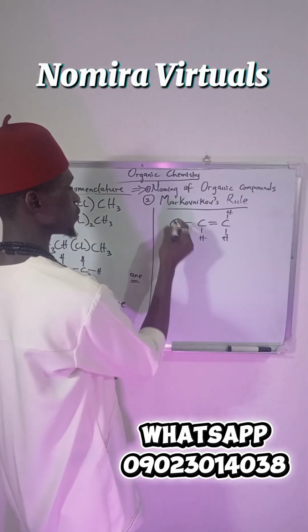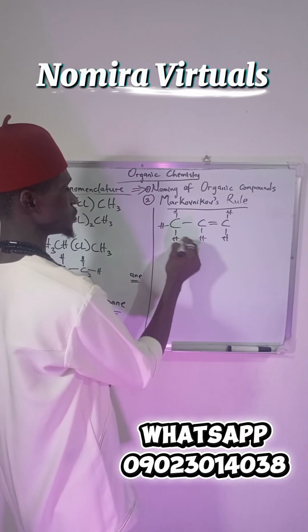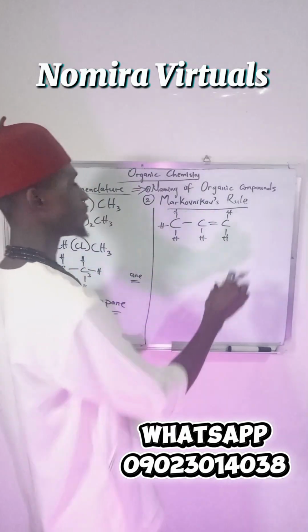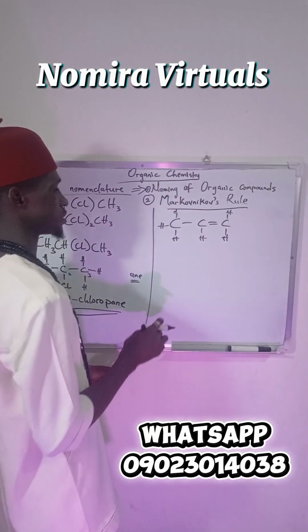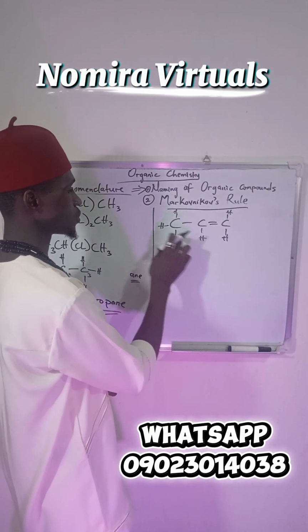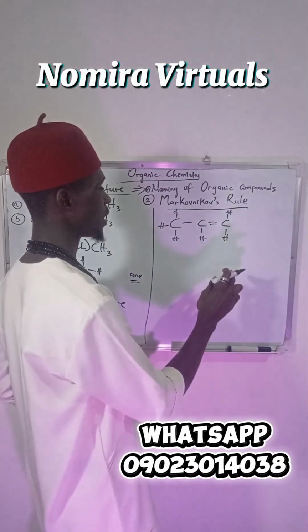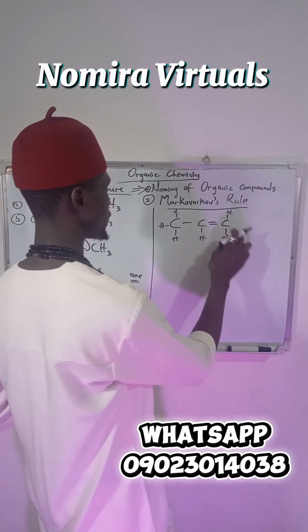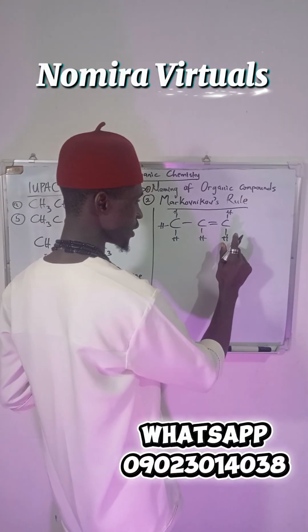Then for this carbon, we will put 3 hydrogen. You can see that all of them have a total number of 4 bonds. This carbon has 1, 2, 3, 4. This carbon has 1, 2, 3, 4. And then this carbon has what? 1, 2, 3, 4.